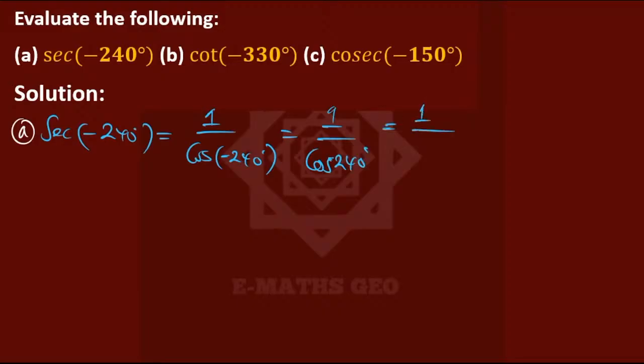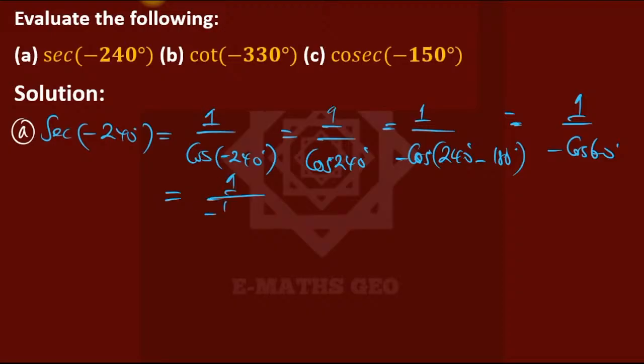So we now move to the third quadrant. 240 is in the third quadrant. And remember, we always subtract 180 from the given. And cosine is negative in the third quadrant. It's only tan and cot that are positive. So I now have 1 over negative cos 60. And cos 60 is half, so I have 1 over negative half. So the answer is negative 2. That's the final answer.